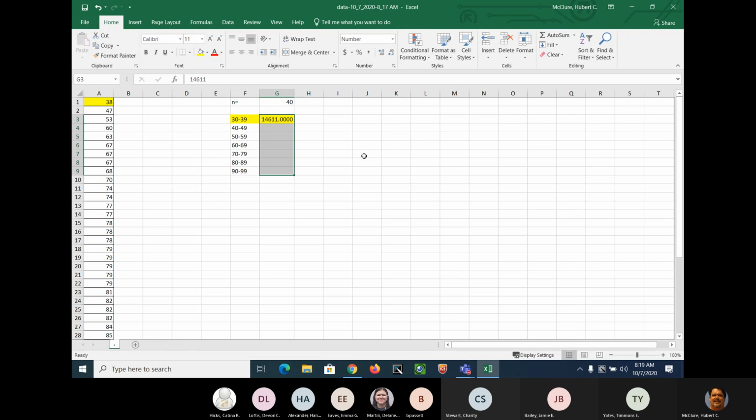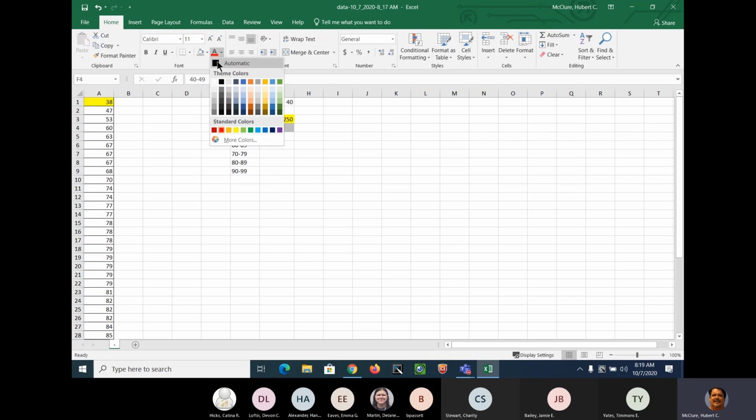There. 1 divided by 40. Okay. 40 to 49, I'll color that gray. And that's equal to 1 divided by 40.